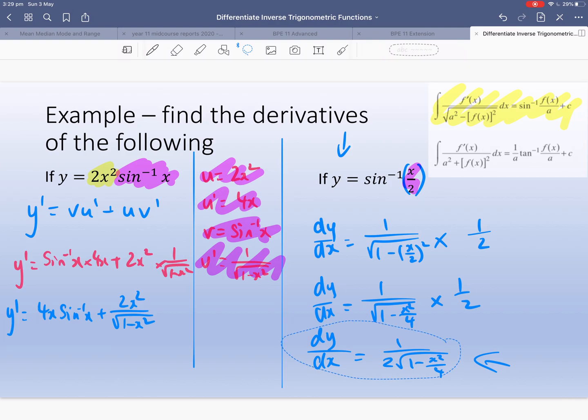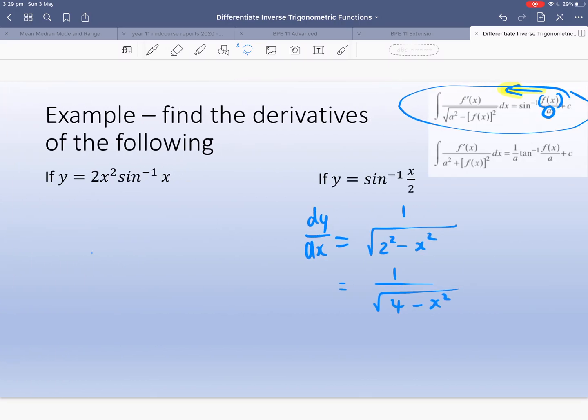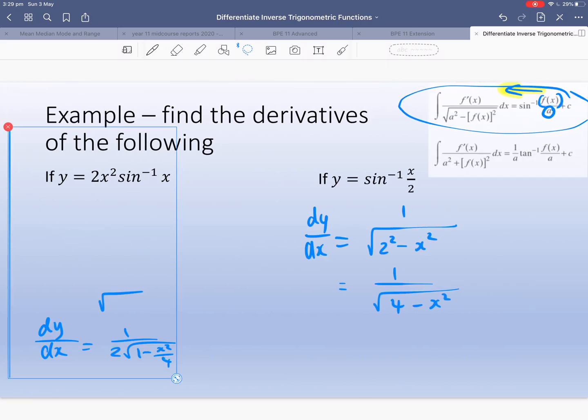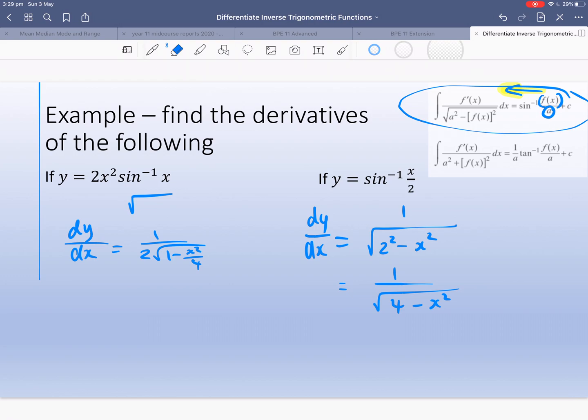So what I'm going to do is grab it, copy it, and paste it here, and it pasted a few more things, but we can just get rid of that. And obviously we are not working with this, so we can put a line through it. Okay, so are they the same thing? Yes, they are. What I'm going to do is combine the denominator by making this a surd, or in other words, putting a square root under it.